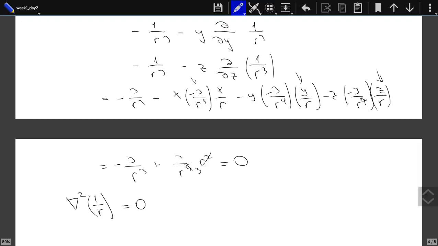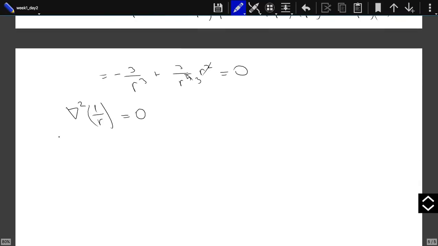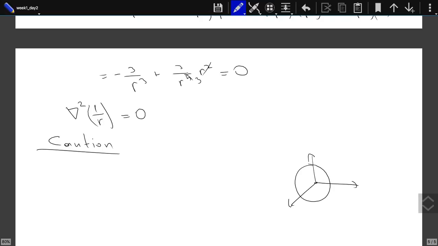Let's do one thing. Let's consider another example containing this Laplacian. Let me consider a sphere of, let's say, radius capital R around the origin. I don't even need that, but just for simplicity, let's take this example.